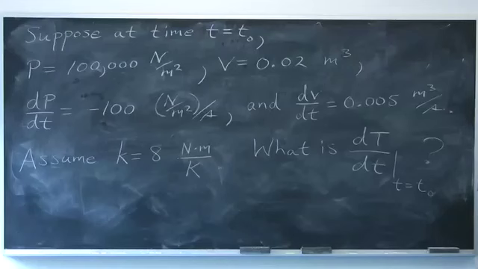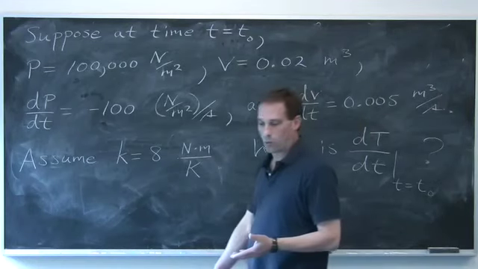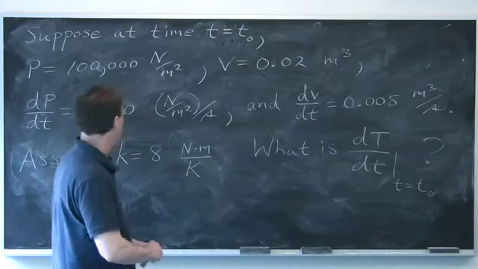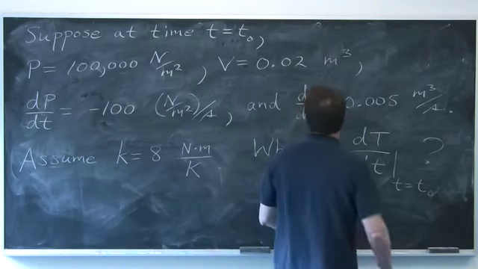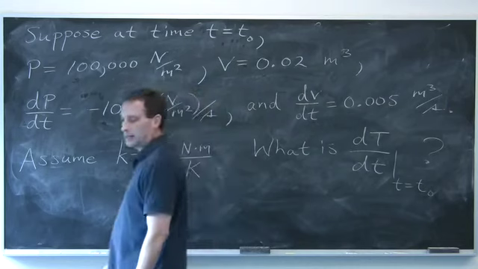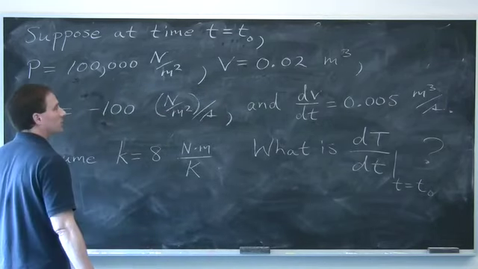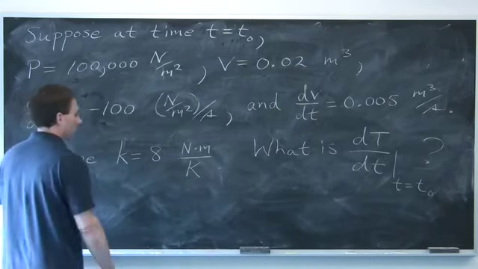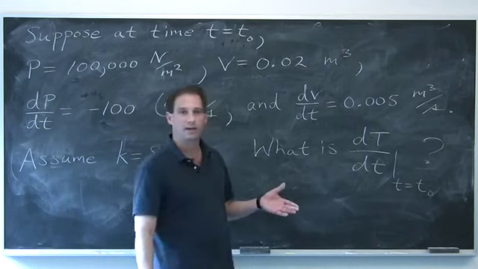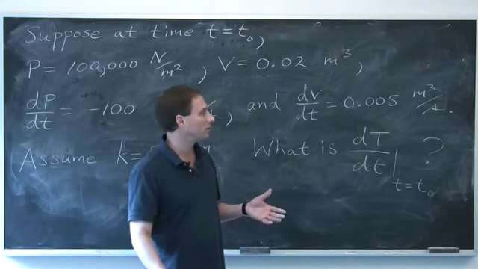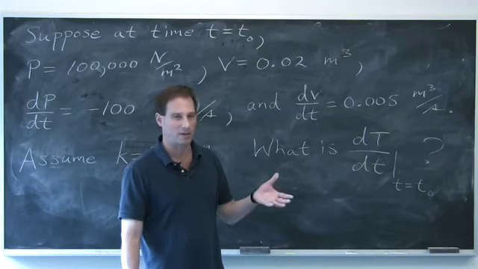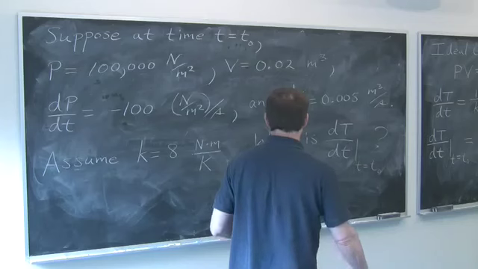Okay, let's do one last example of using the product rule. In a way, it's similar to our use in the ideal gas law, in that I'm going to apply it to a physics formula where we don't have an explicit formula for how anything's changing with time, and still the product rule tells us a lot.